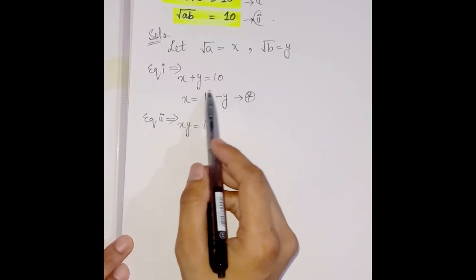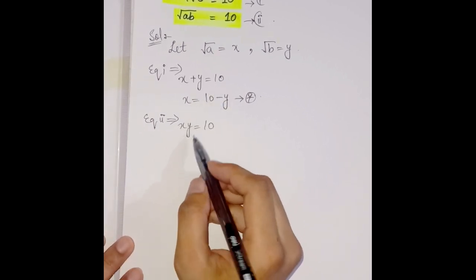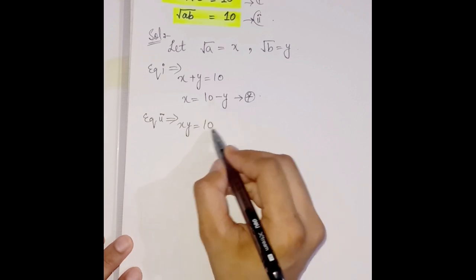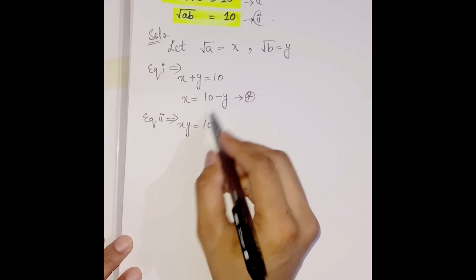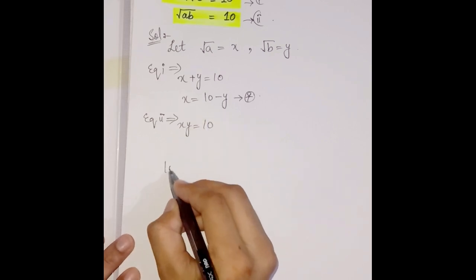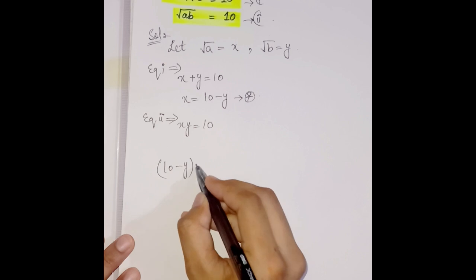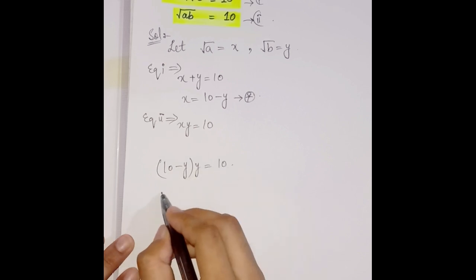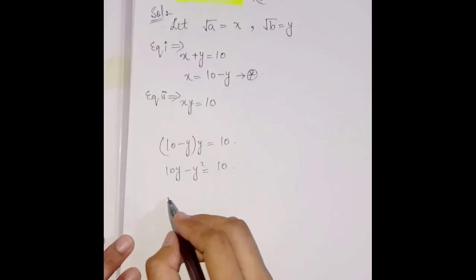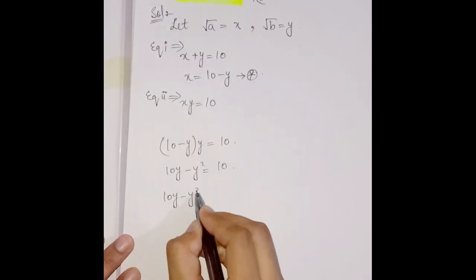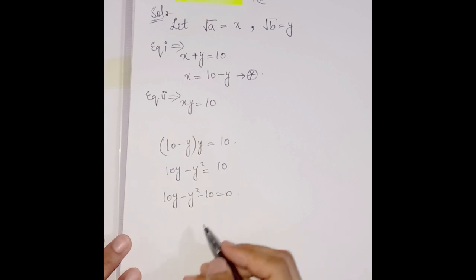Now I'm going to put this one in equation 2. Put the value of x here. 10y minus y square is equal to 10. 10y minus y square minus 10 is equal to 0.